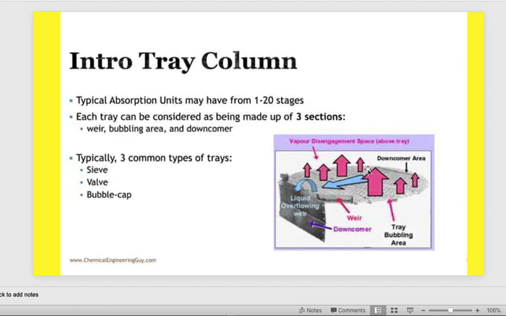And here is the bubbling area or contacting area. So you have to focus with me on the main three parts: the contacting area, which can be a sieve tray, bubble cap tray, or valve tray; the weir, to make overflow for the liquid; and the liquid downcomer.